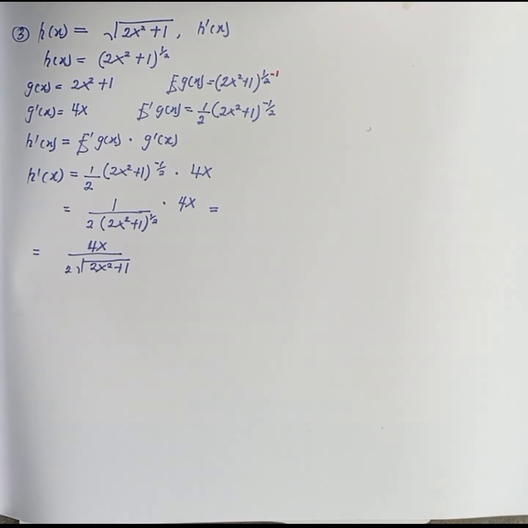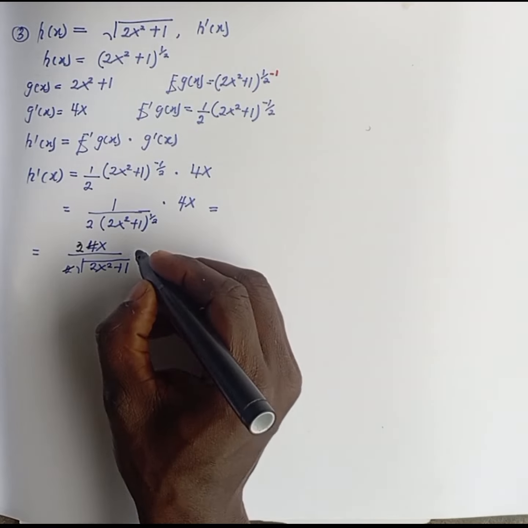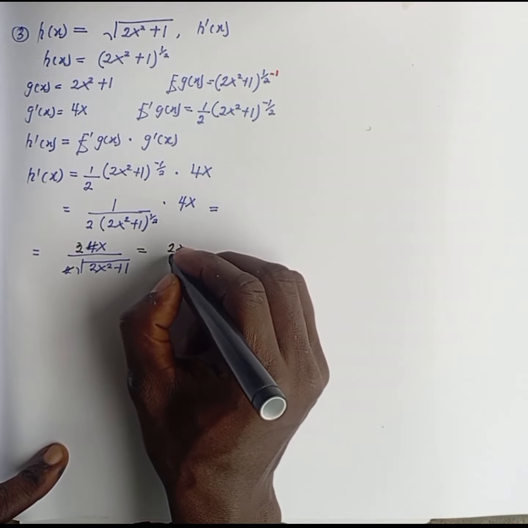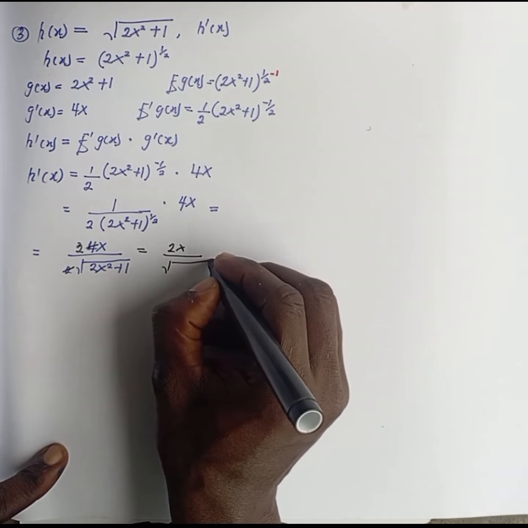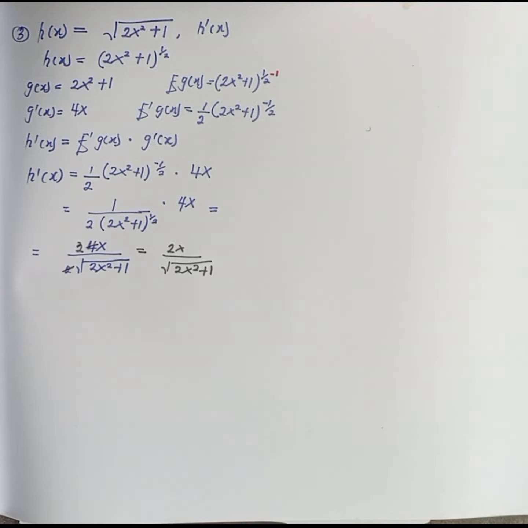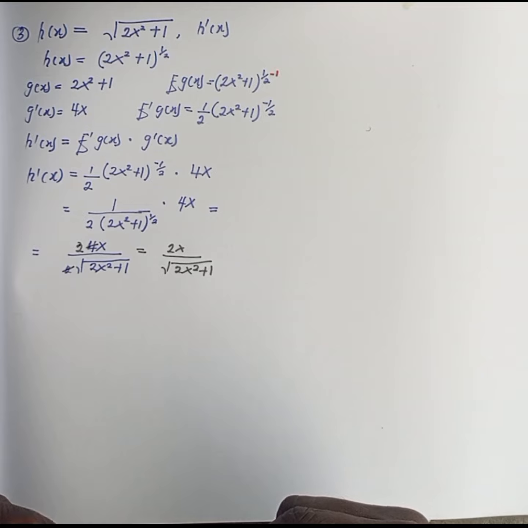And we know that 2 can cancel the 4, so 2 will go, and then we are left with 2 here. So finally our answer is going to be 2x all over root of 2x squared plus 1. Now you can use the Leibniz approach to find this derivative also, so I'm not going to do it. We are just going to look at the next example.